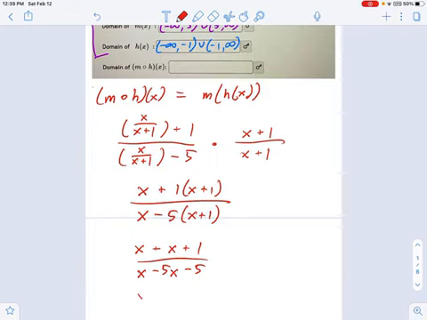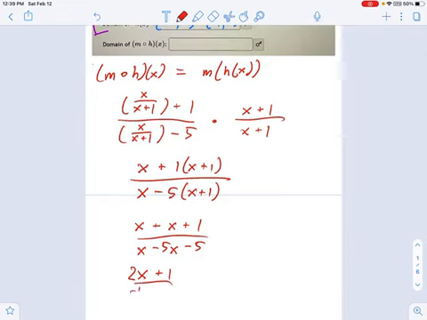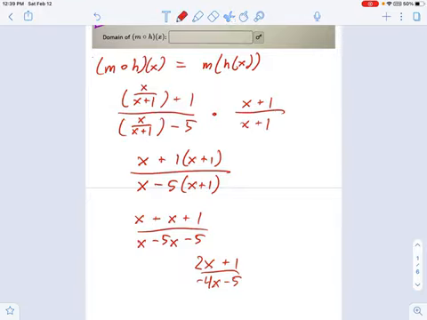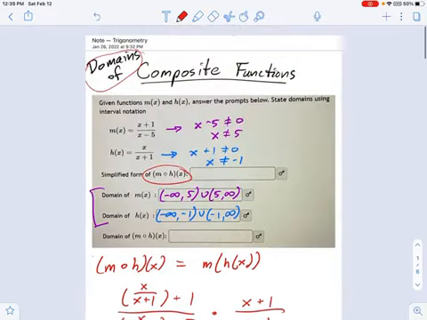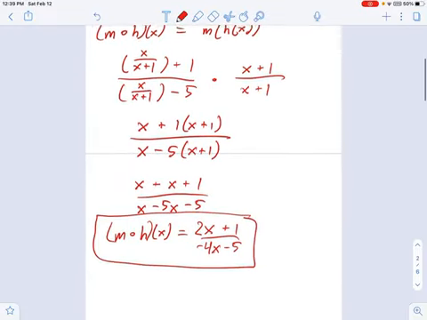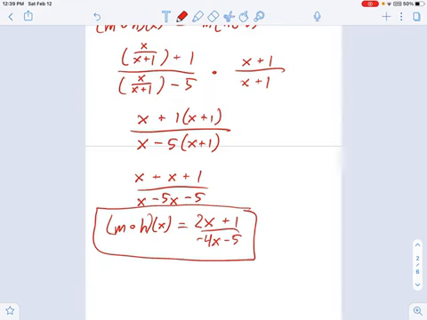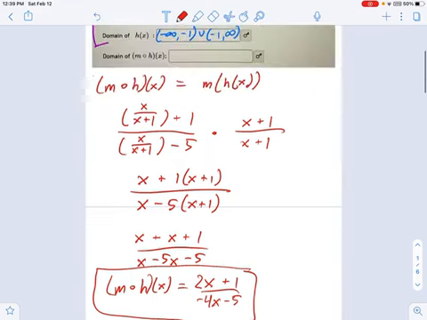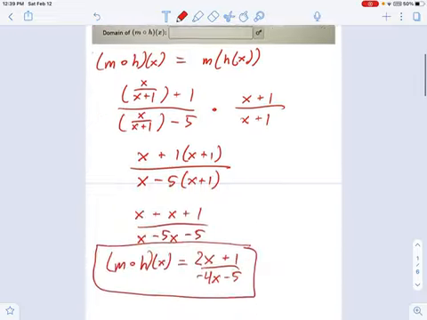And that simplifies down to 2x plus 1 over negative 4x minus 5. That is the composite function, m of h of x. So that's the first part of your problem, when you had to find the simplified form of m of h. I can't simplify it anymore because there's no GCFs that are going to cancel out. So now let's find the domain of this thing.